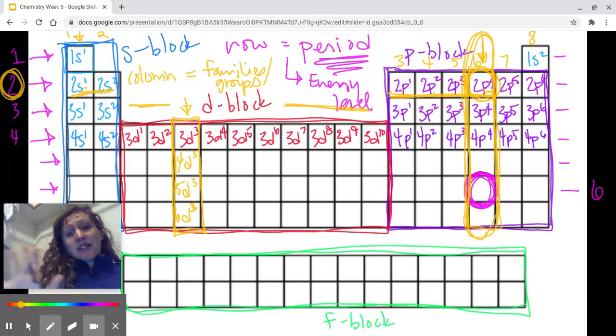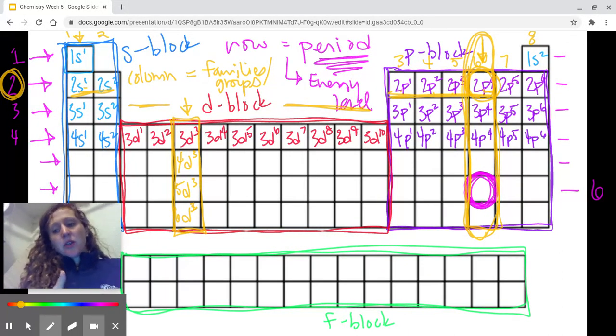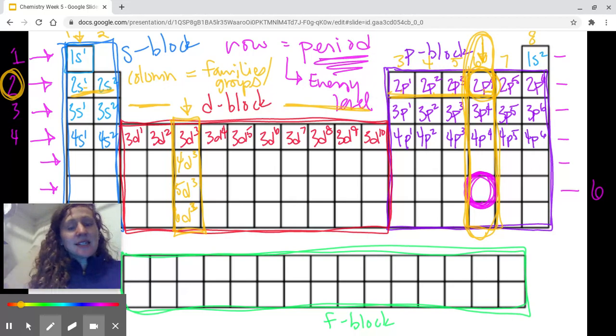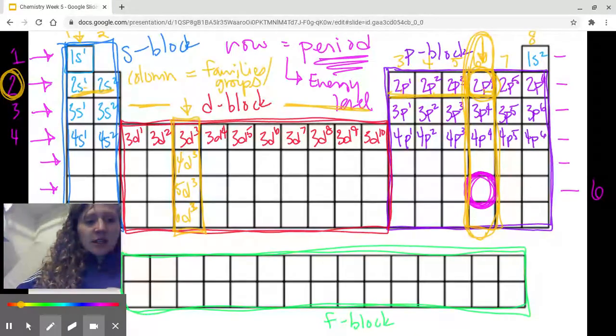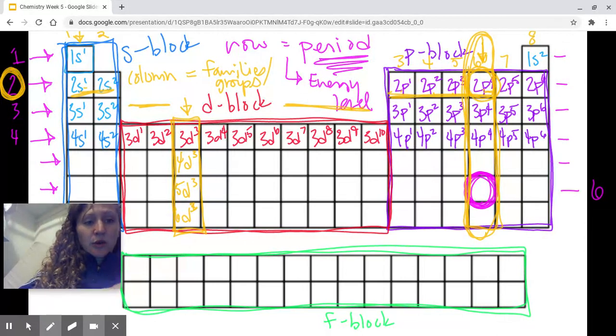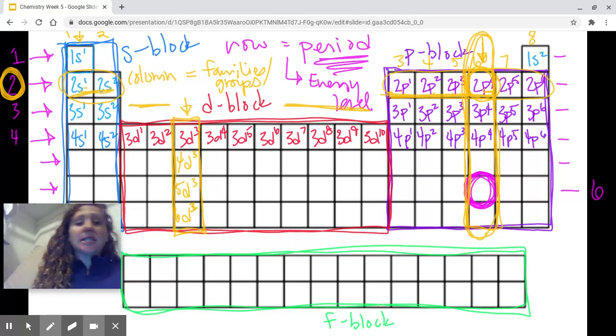Okay, so all of this is very helpful when you're writing electron configurations, and I'll show you that in just a second. But I do want you to notice just one thing more. Notice that while the s block and the p block line up beautifully with the energy level or the period number, notice in the second row, you have the 2s and you have the 2p, right? That lines up really nicely. Well, look at the d's.